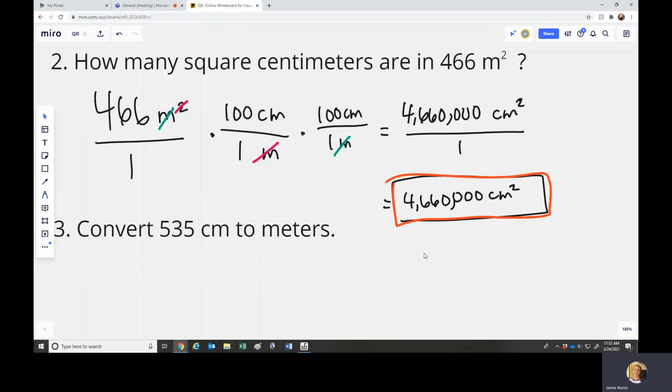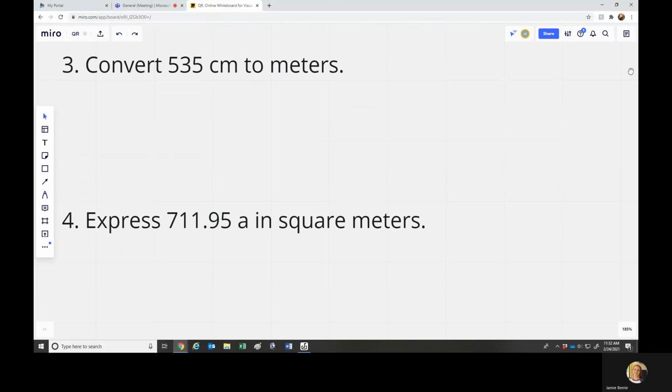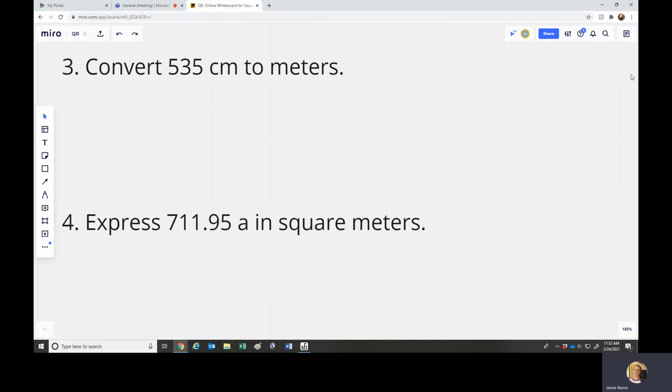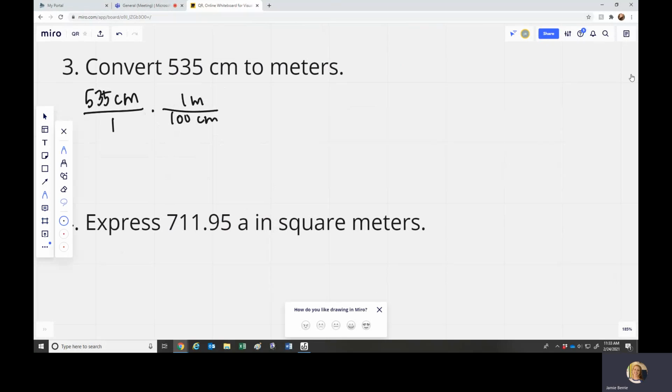Right here, we're back to another more simple problem. Convert 535 centimeters to meters. So we have 535 centimeters, start with what you know, over 1. Times, we want to cancel out centimeters here, so we know that in every meter there are 100 centimeters. All right, so cancel out your units. Centimeters cancels with centimeters.